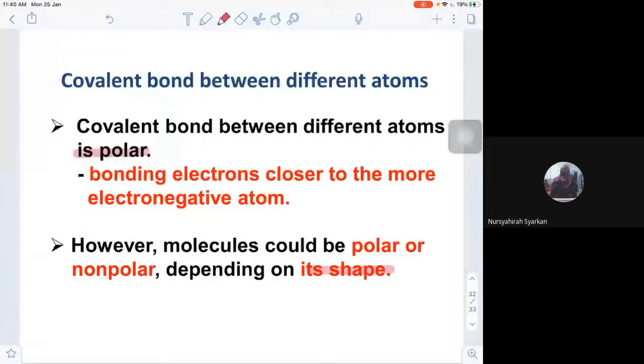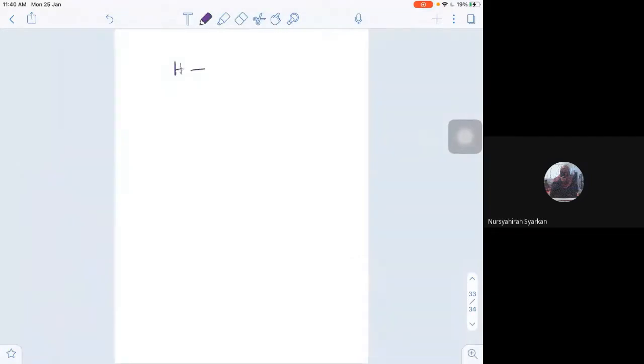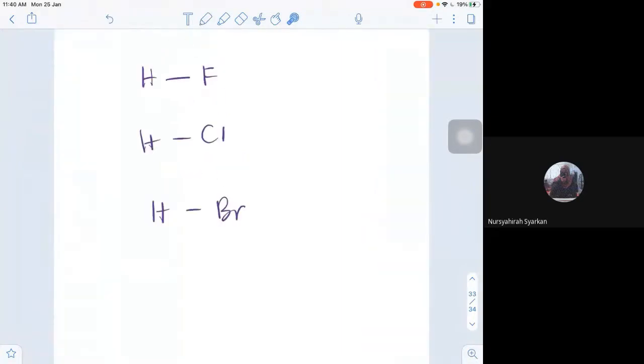Bonds will have different polarity. For example, if we have HF, we compare it with HCl and with HBr. We know that the electron distribution here is not symmetrical. They are all asymmetrical because of the difference in the electronegativity of the two atoms.